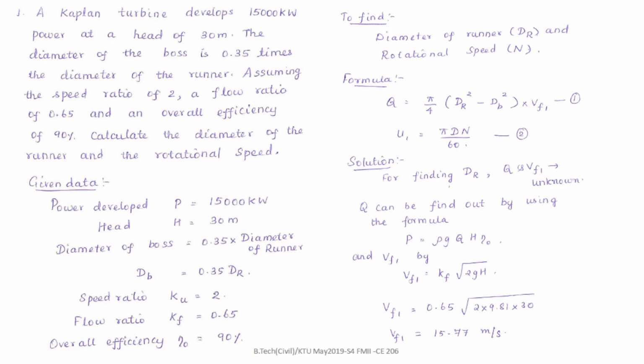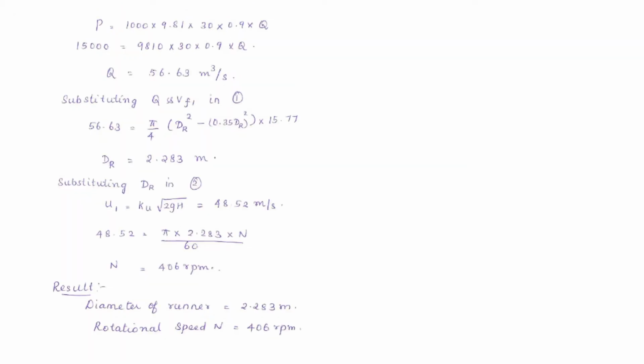So with that we can find Q. And Vf can be found by using the flow ratio, that is Vf is equal to Kf into root of 2gH. Here Kf is given, H is given. So you can find Vf and Q. After finding Q and Vf, substitute in the formula Q is equal to area into velocity and find the diameter of runner.